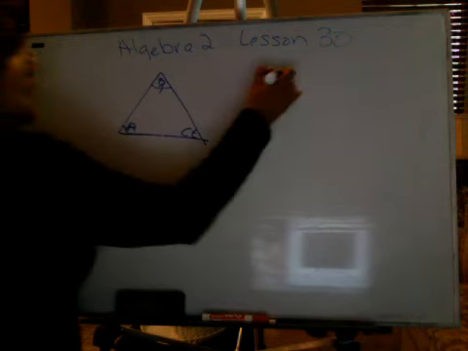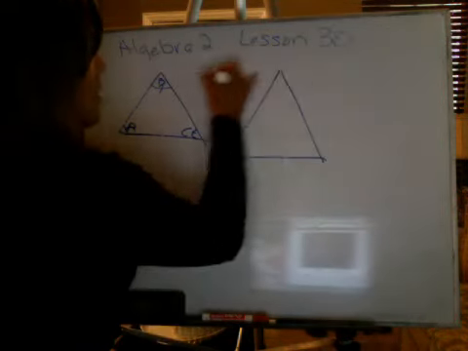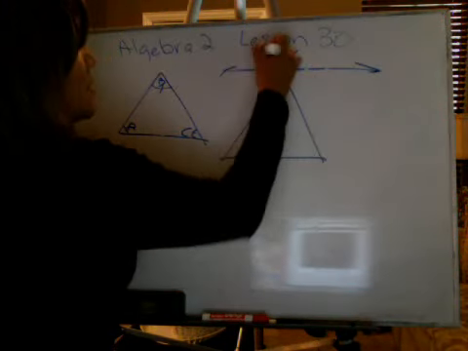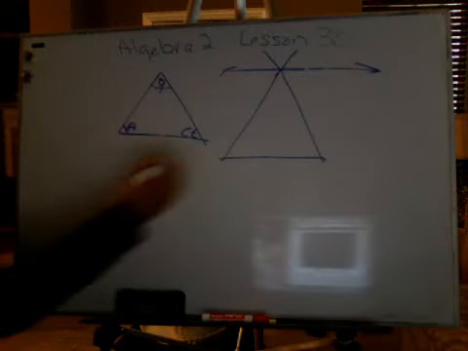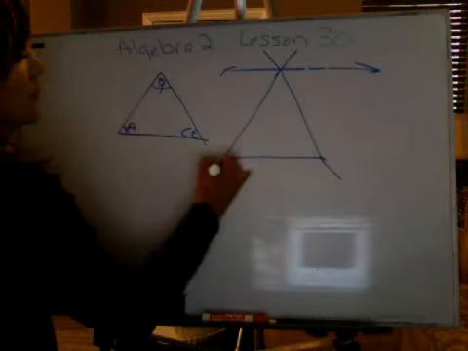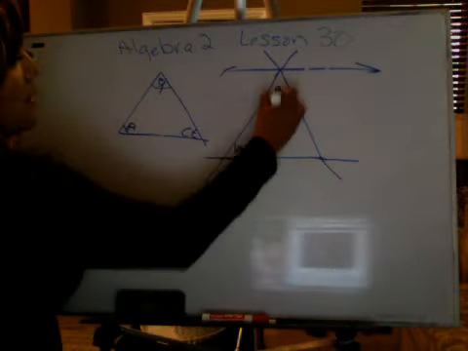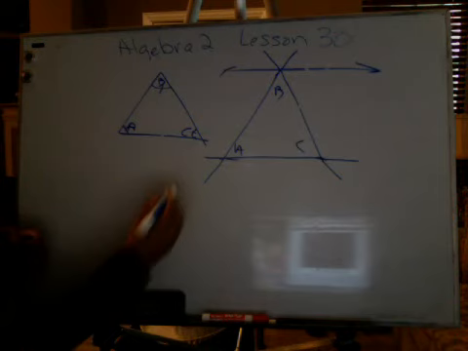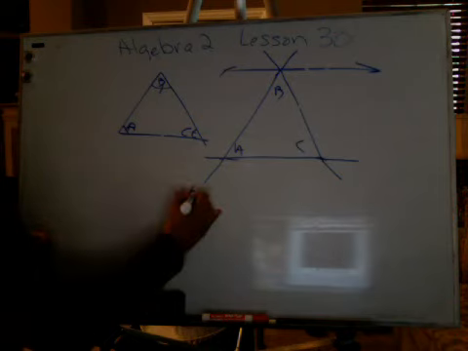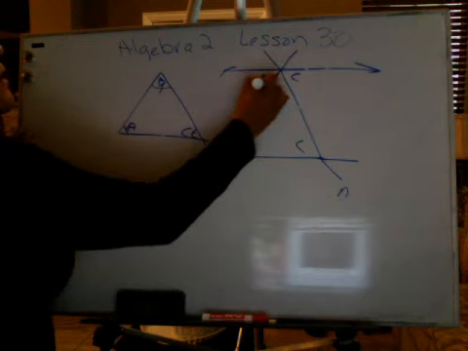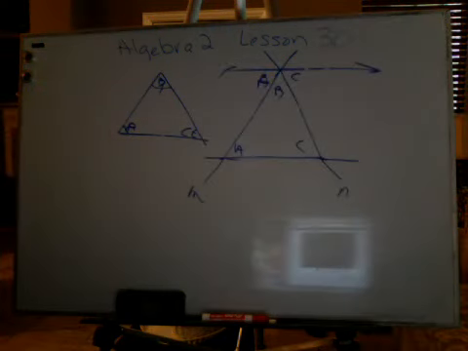Let's take that same triangle and make a parallel line right here at the vertex, and let's extend these transversals. We can call this A, B, C. We can call this transversal M and transversal N, and angle A and C. So basically the angles marked A are equal because they are equal small angles, or alternate interior angles.